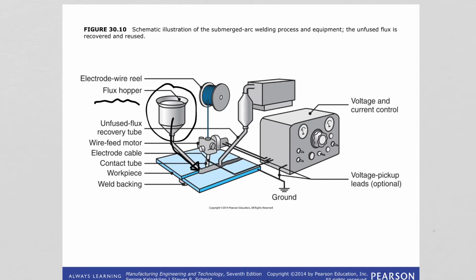And you can also see that this thick layer of flux completely covers the molten metal. This prevents spatter, sparks, and suppresses the intense ultraviolet radiation and fumes characteristic of this process.